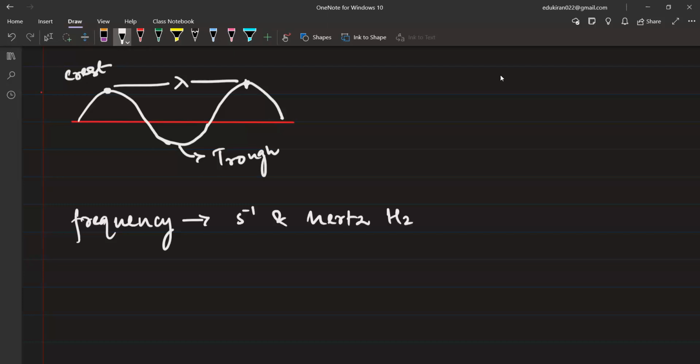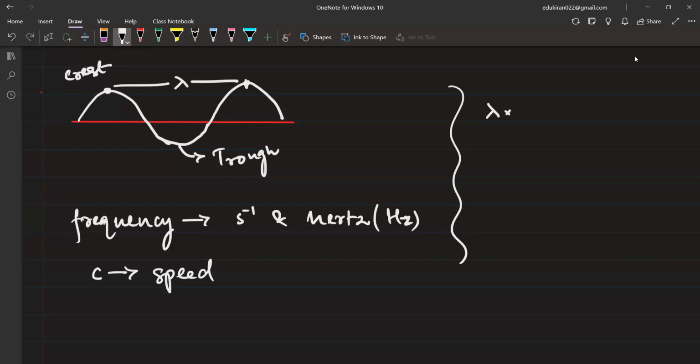You have seen this hertz, right, before 11th standard? So this is frequency, and then we have the lambda, and then C is the speed of light. All of these terms are related in this manner.